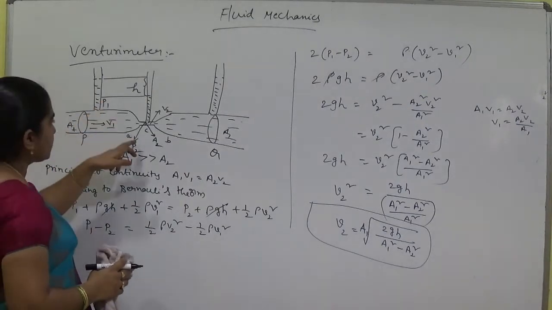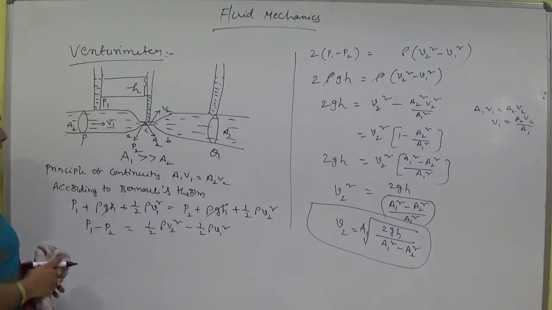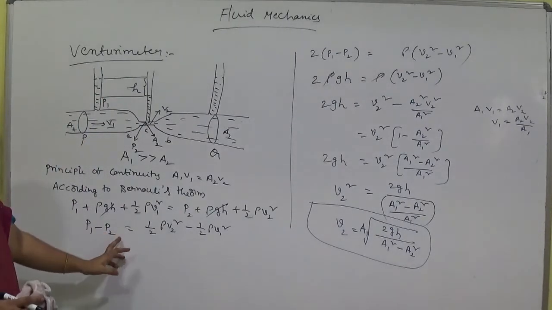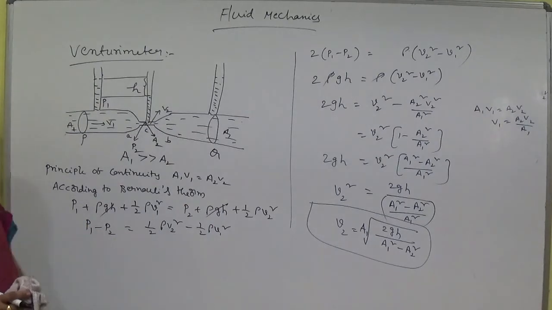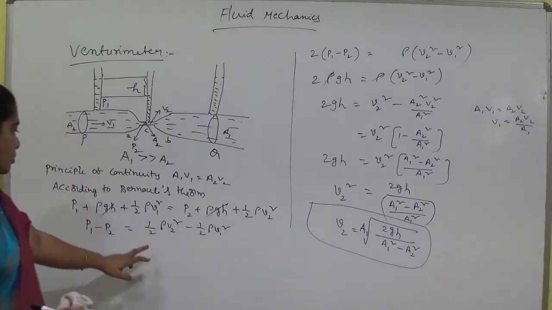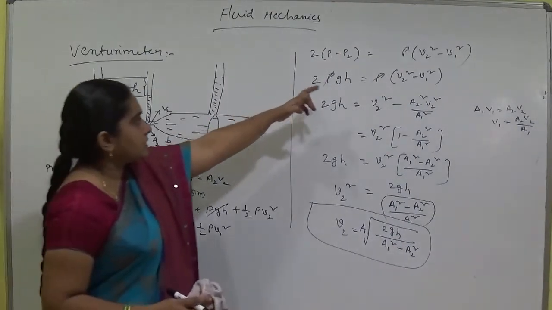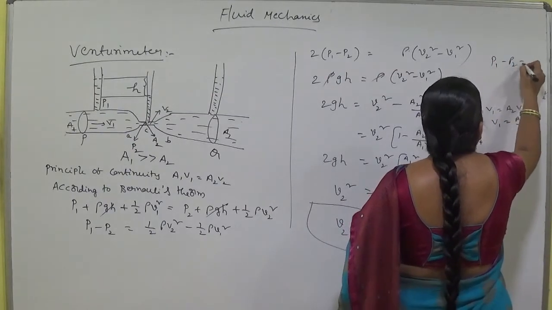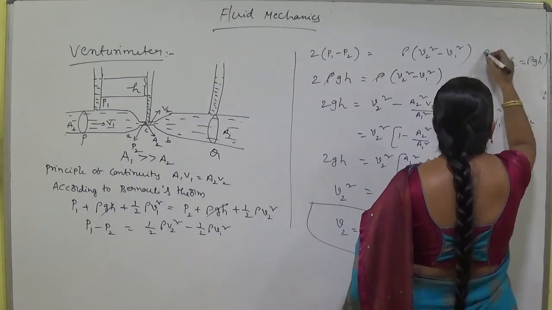P1 minus P2 is equal to rho GH, and also equal to half rho V2 square minus half rho V1 square. So 2 into (P1 minus P2) is equal to rho into (V2 square minus V1 square).